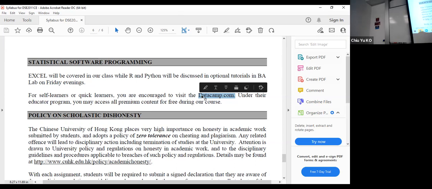I think it's very useful if you want to learn programming by yourself, starting from the beginning. Although a little bit slow, you always learn how to do things. So I recommend that if you have time, you go there and register yourself using your CUHK ID. Your email address should let you register. And remember, because this is only for our class, don't distribute it outside our sections, okay?